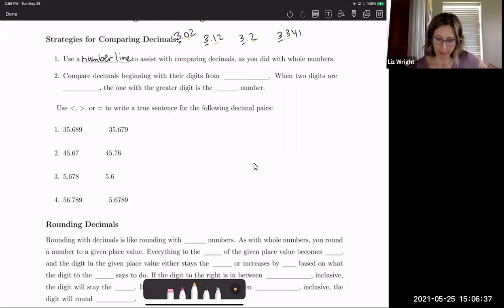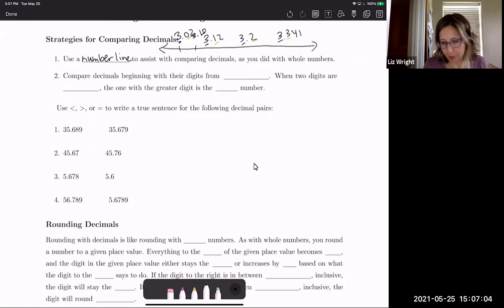So for example, maybe I put another one in here and it was 3.1. The 3.1 would fit right in here because it's essentially like there's a 0 behind that, right? And so 10 is less than 12. And so the 3.1 would be less than the 3.12. And so that's where it's talking about thinking about putting it on a number line.